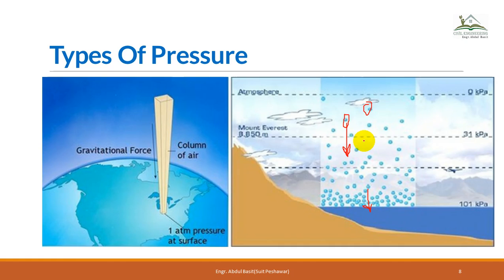So the pressure exerted by the air molecules on the surface of the ground is called atmospheric pressure. Or you can say the pressure of these air molecules, the particles present in air, is called atmospheric pressure.